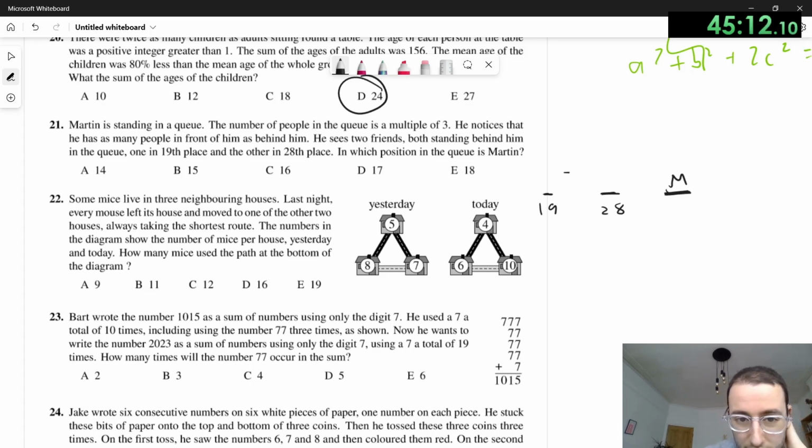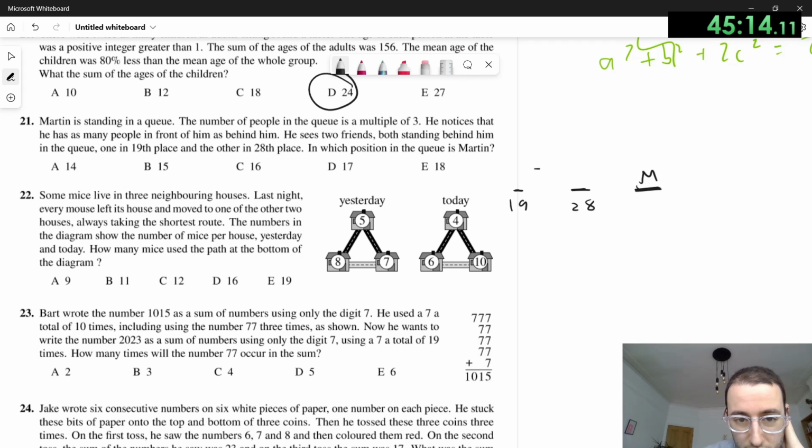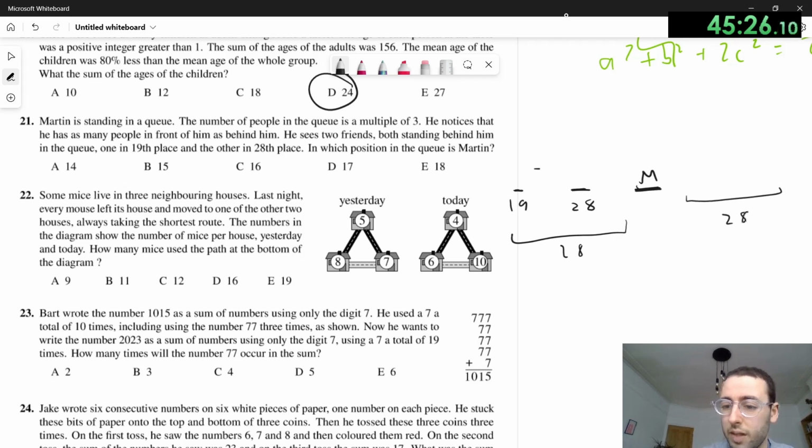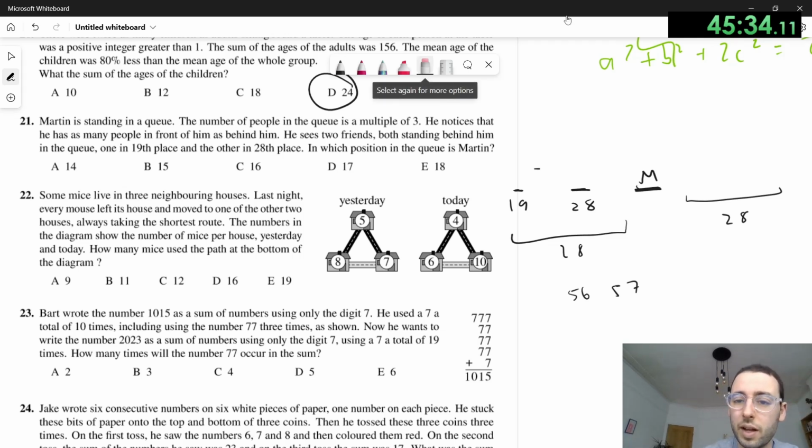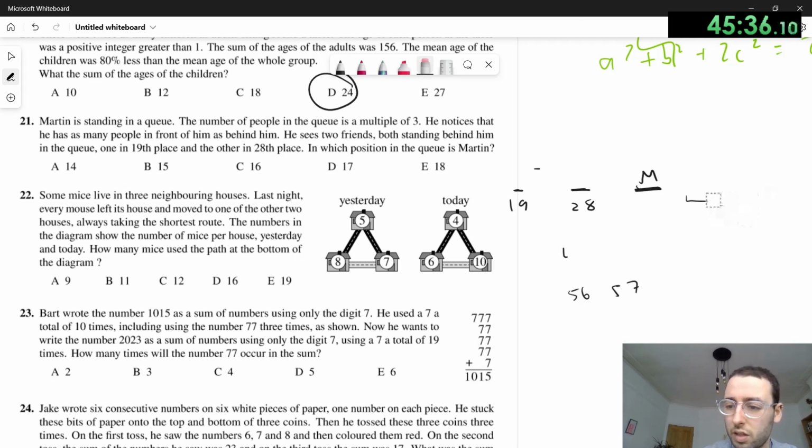So now that means there could be 28 people here and 28 people here, which will make 56, which will make 57. Oh, behind him. Wait, I'm doing order wrong, I think.